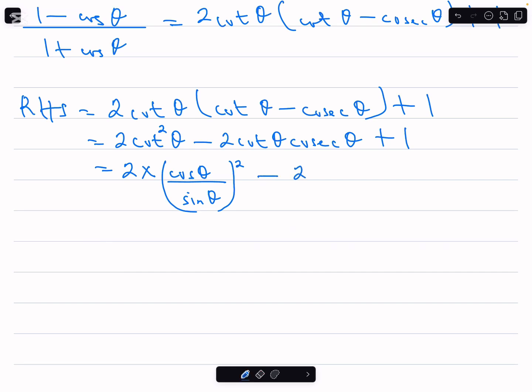Minus 2 times cos theta over sine theta multiplied by, what is cosec theta?